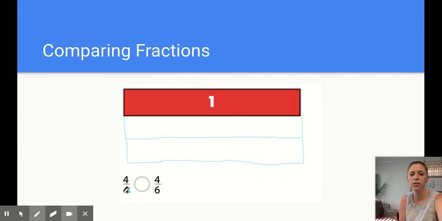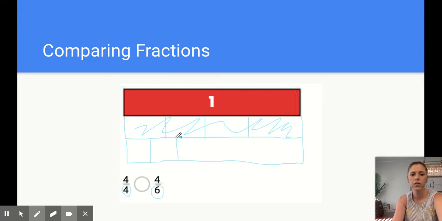So the first fraction strip is broken up into 4 equal parts. I'm looking at my denominator to know that. So I'm drawing 1, 2, 3 lines to represent 4 equal parts. And all 4 of these parts are shaded in. And then my next fraction, I have 6 equal parts. So I'm going to draw 5 lines.